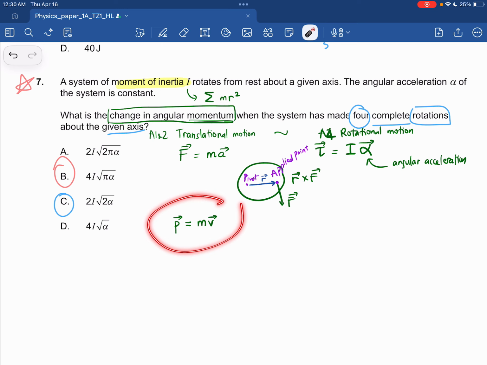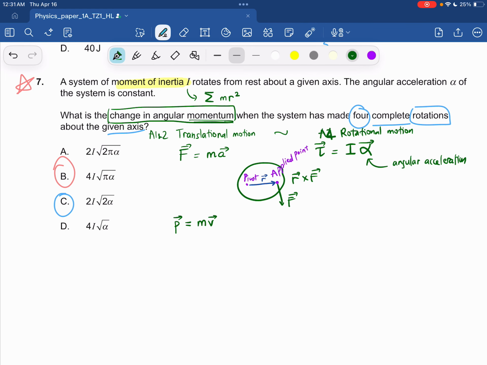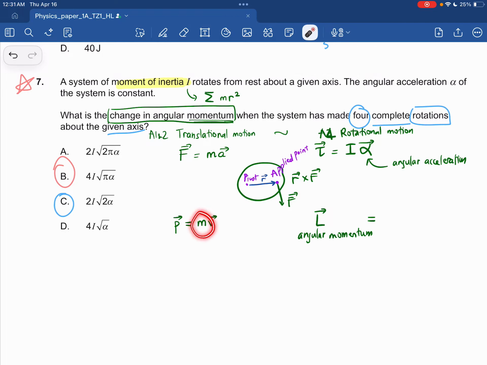Okay, and here for the angular momentum, you see, it also has to do with the angle because it's rotating, with some angle being swept. So this one will be L, the angular momentum, which is defined by, you see again, this is the mass, so this one should be I, okay?